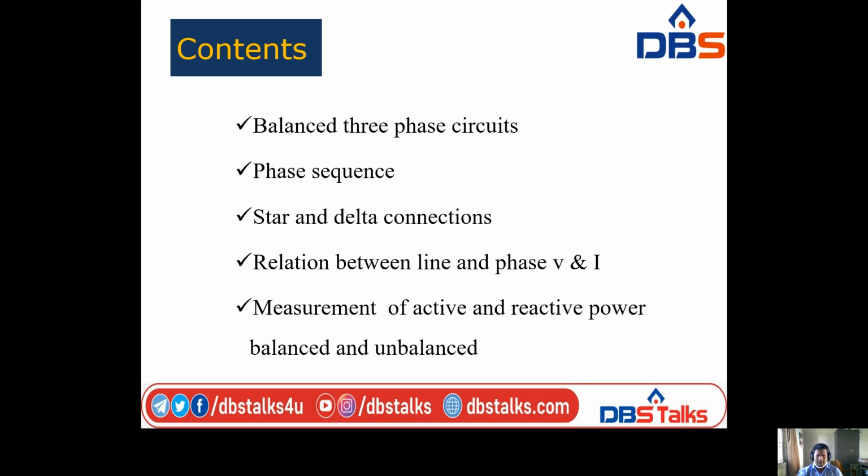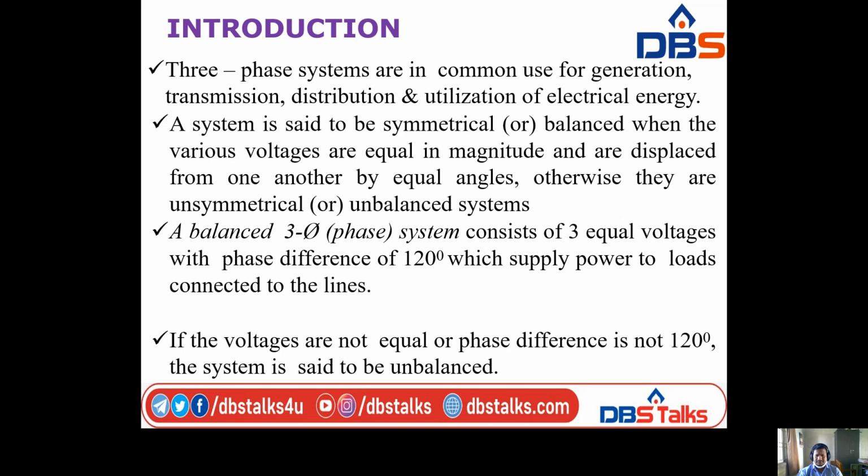Now we go for the first topic, that is introduction. Generally, a three-phase balanced system is one in which there are 2 or more equal voltages of the same frequency displaced equally in time phase.